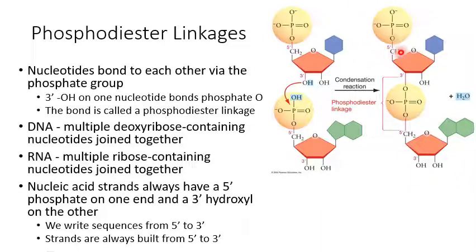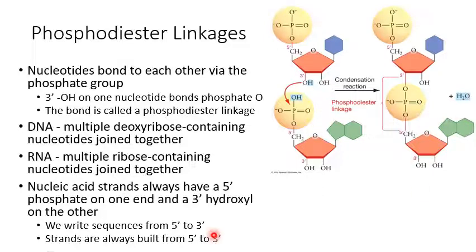On the top you have the 5' carbon and that phosphate group that's attached to it. So you're always going to have a phosphate group on the front end of a chain of DNA or RNA. On the back end, you're always going to have just this 3' hydroxyl group. So we say that the 5' end, where the phosphate group is attached, is the front end, and the 3' end, where the hydroxyl group is attached, is the back end.